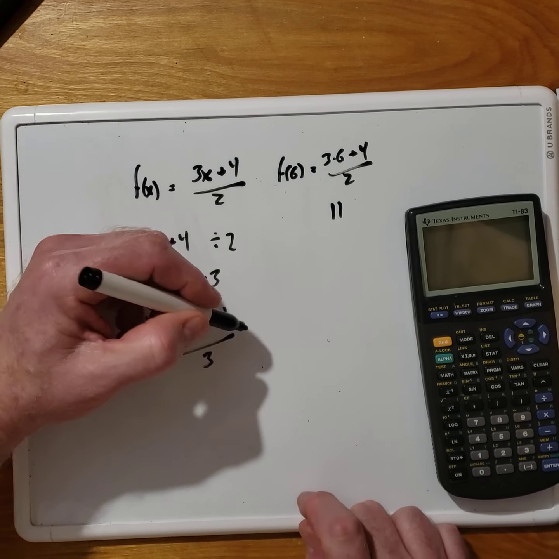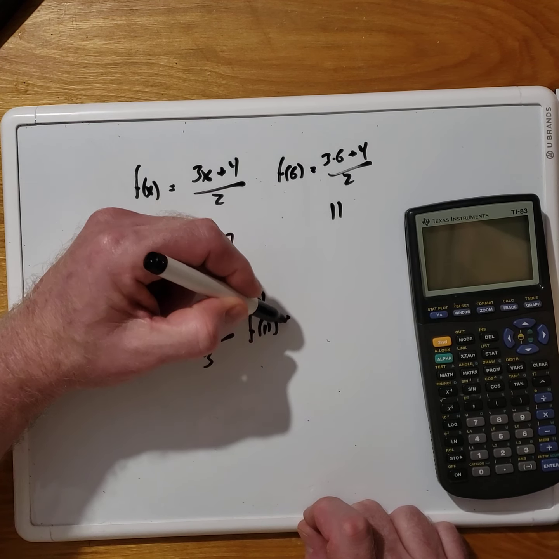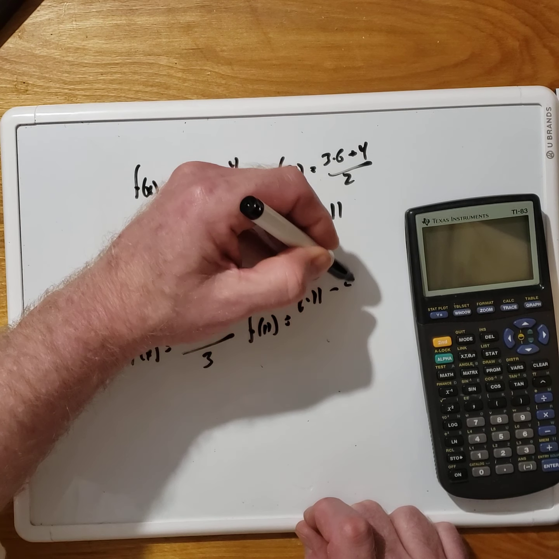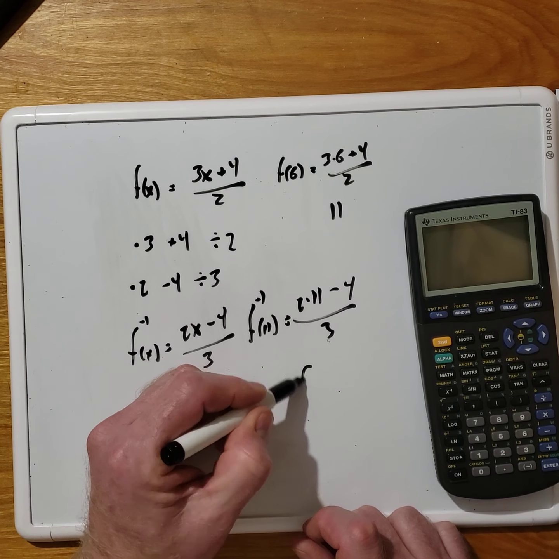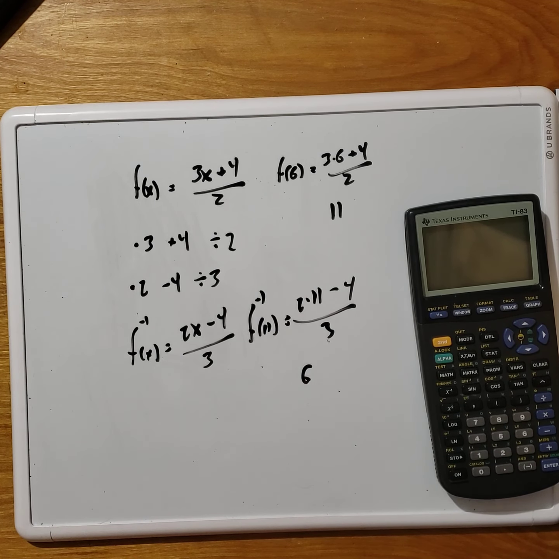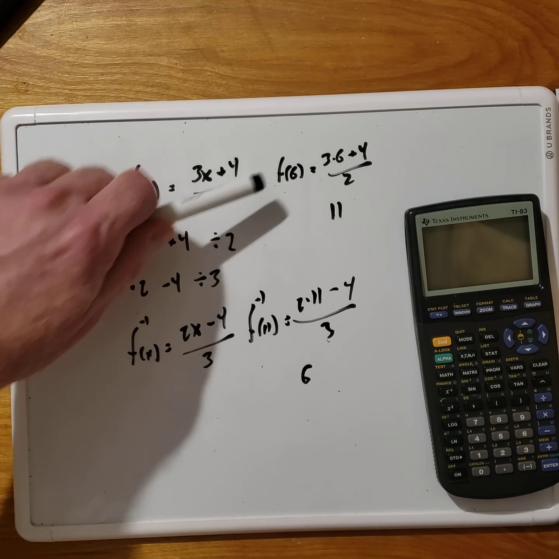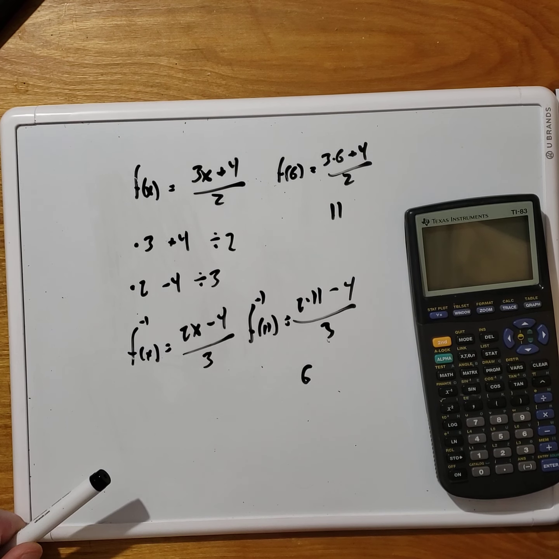If we put our 11 in here, f inverse of our 11, we'll get 2 times 11, which is 22, minus 4, which is 18, all divided by 3, which gives us our 6 back. Okay, that's how inverse functions work. Whatever one function does to a number turns that 6 into an 11. Its inverse will take that 11 and give us our 6 back.